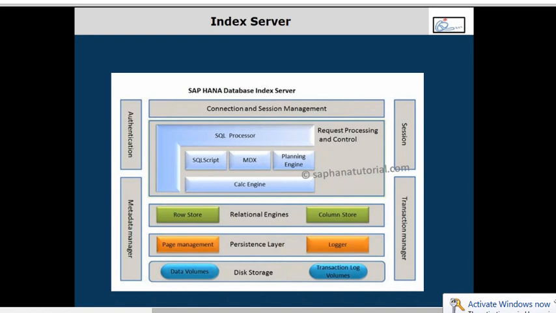There are also the OLAP engine and join engine besides the calculation engine. If you fire a query on an attribute view, it leverages the join engine in the backend. If you fire a query on an analytical view, it uses the OLAP engine in the backend. If I fire a query on a calculation view, you leverage the calculation engine in the backend.